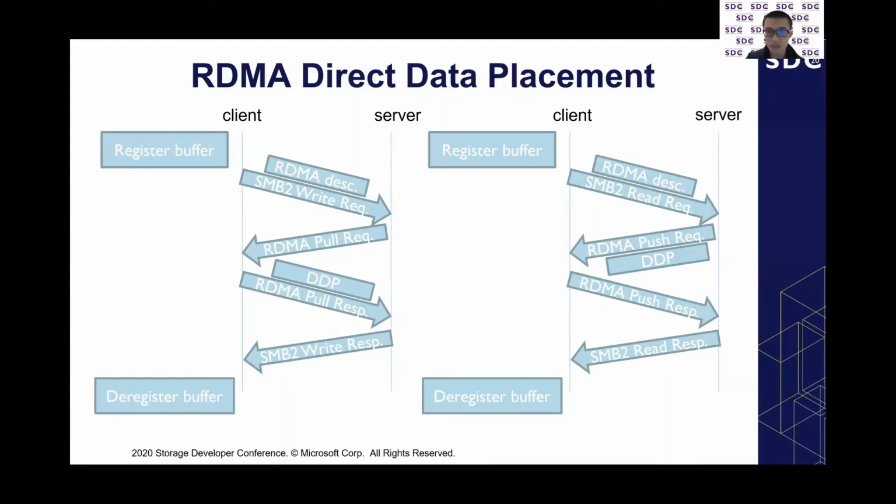And then for read, the server needs to sign or encrypt before it does the RDMA push. On the receiving end for write, the server needs to be able to decrypt or validate that message, and so it is for read on the client. The client must be able to decrypt or validate the message.